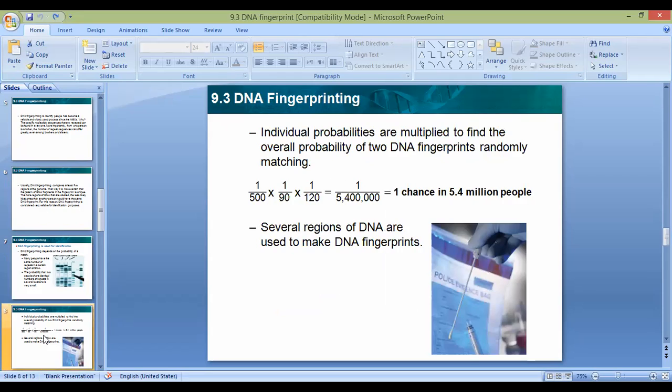Individual probabilities are multiplied to find the overall probability of two DNA fingerprints randomly matching.